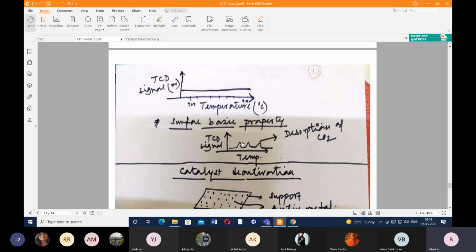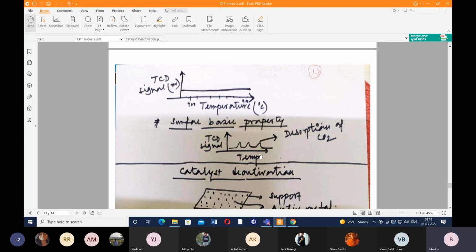So this is due to the strong basic surface sites, this is due to the intermediate basic surface sites, and this is due to the weaker basic surface sites. So we have 3 different peaks at 3 different temperature regions.